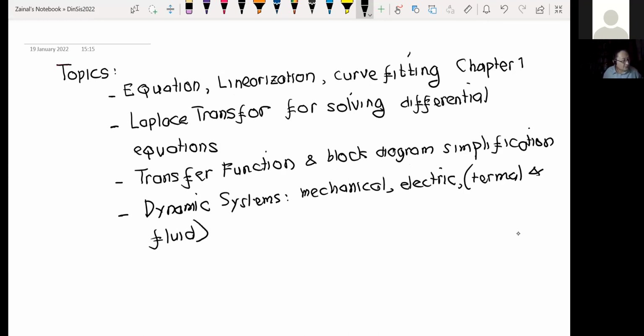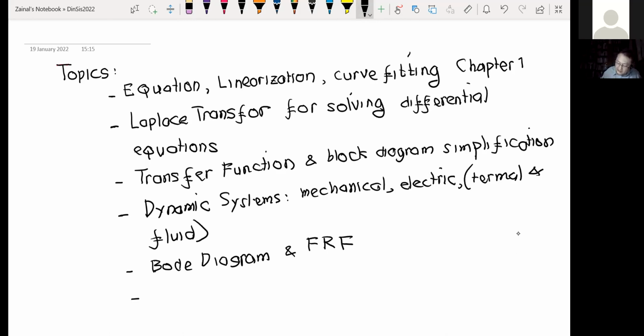Just a little bit. Okay, and then we will discuss about Nyquist diagram. Oh, sorry, Bode diagram, sorry. Bode diagram and frequency response function.